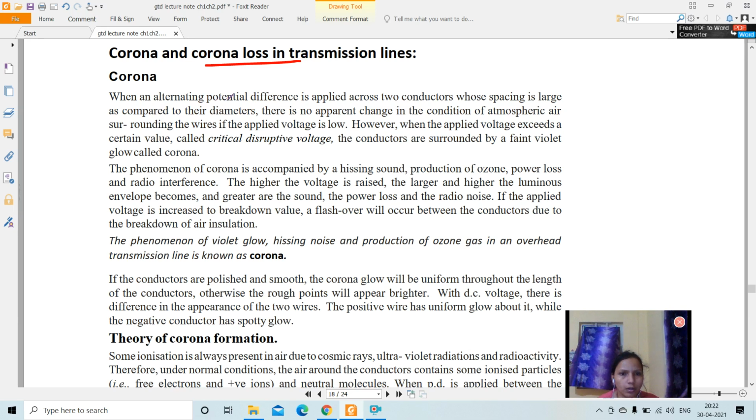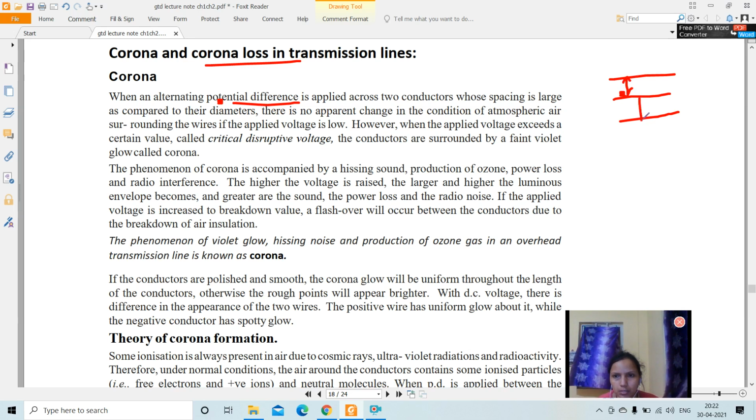So see, when an alternating potential difference is applied across two conductors whose spacing is large as compared to their diameter, this is the transmission line. Normally we have it like this. These are the spacings between the two conductors.